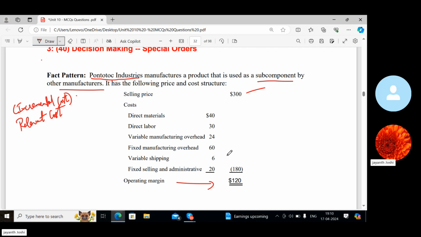The variable cost is always, as you increase the order size, it will increase. So what comes under variable cost? Direct material, direct labor, variable overheads, and variable shipping costs. So that amounts to how much? 70, 100.